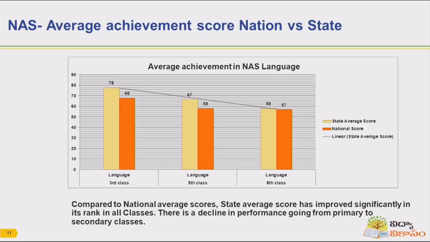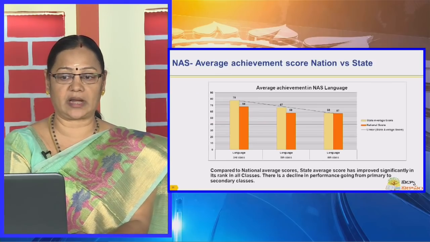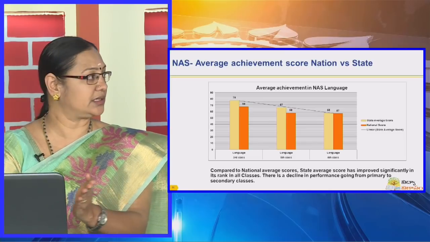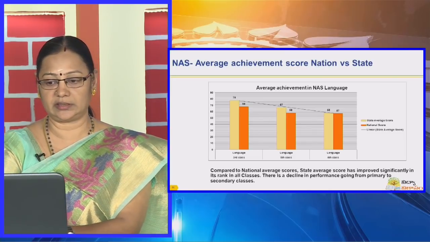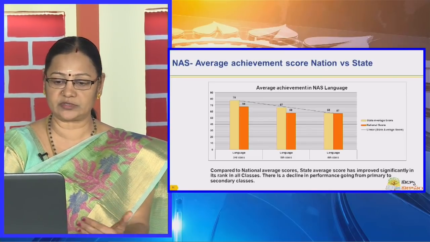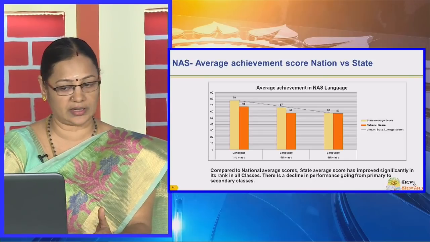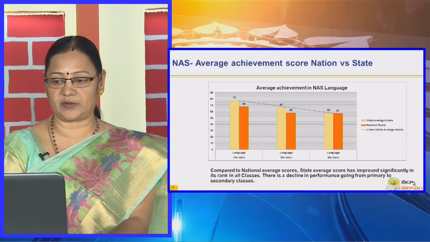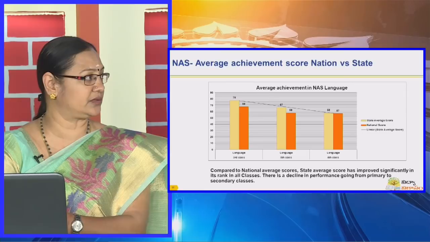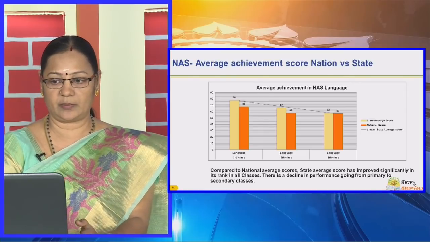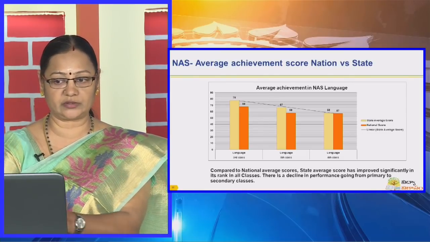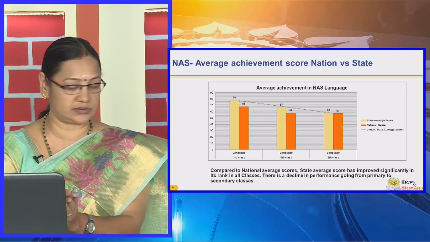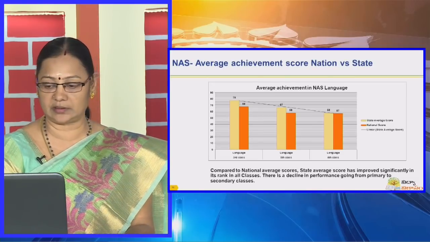Even though we have progressed very much with respect to the national score, moving forward from class 3 to 8 the score is declining. The state average score has improved significantly in its rank in all classes, but there is a decline in performance going from primary to secondary. That means 3rd class is good, but when you come to 8th class it is slightly declining.